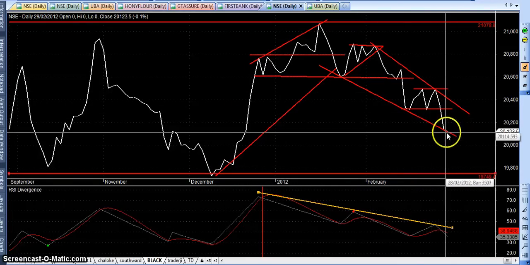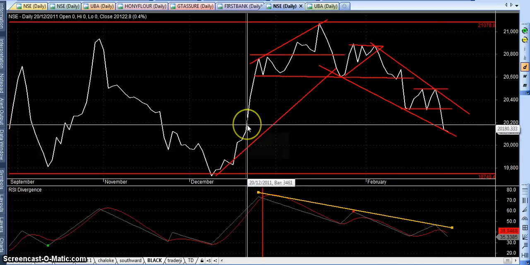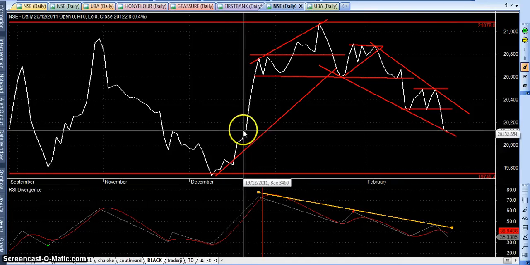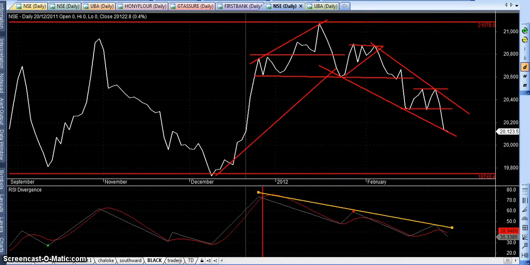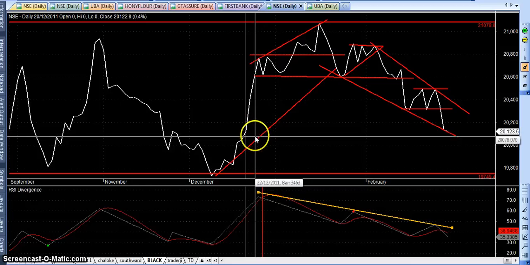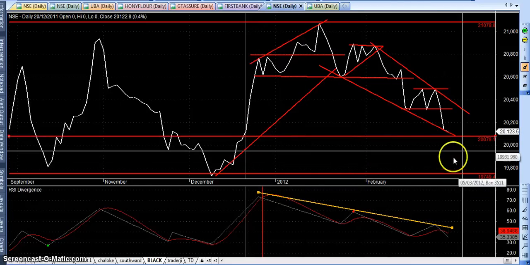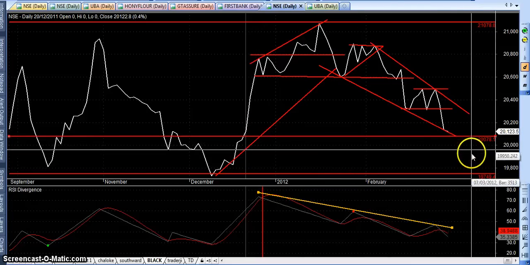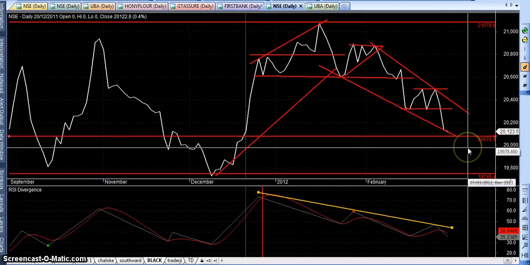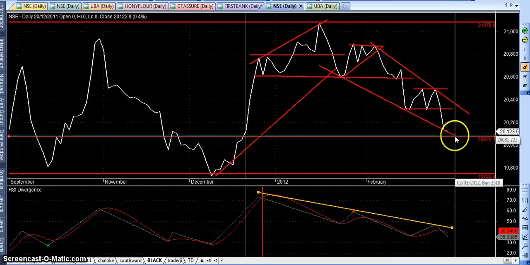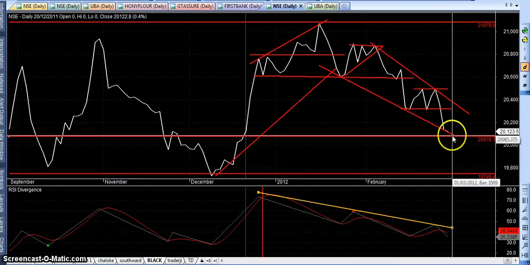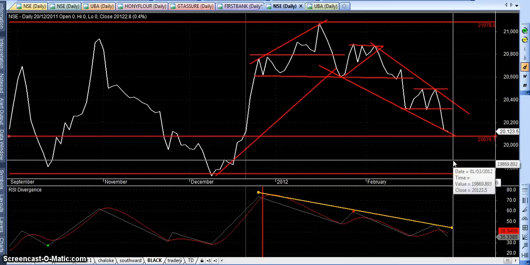We lost everything. We are now within this period of around the 20th of December levels. That's where we are now, this area. During intraday trading, the market did fall within this level, but moved back above and closed about 20,123.